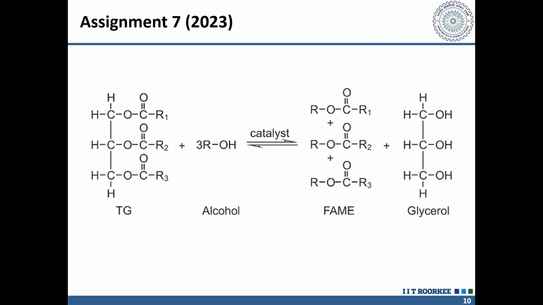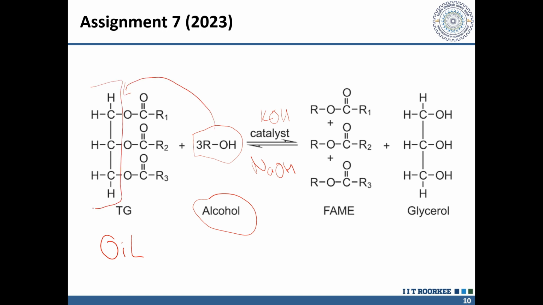So this is a typical reaction in which you can see a triglyceride, which is oil, and we use alcohol in this case. The catalyst can be KOH or NaOH, and this catalyst helps the alcohol to break down this chain, and breaking this chain converts it into glycerol.